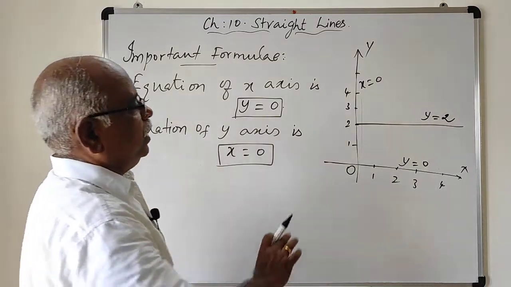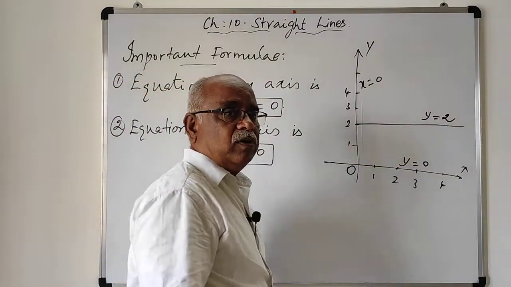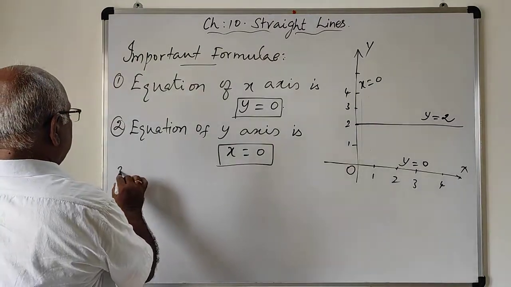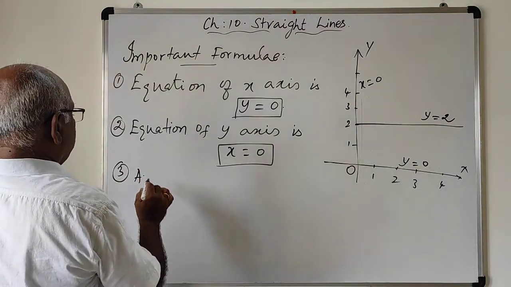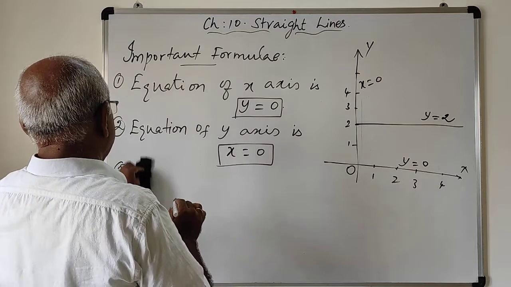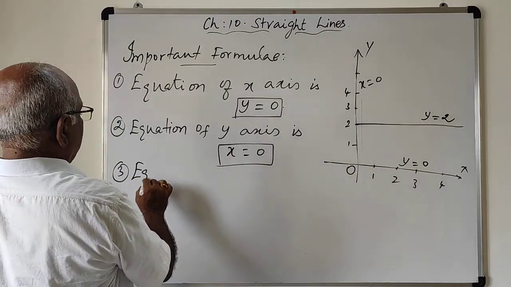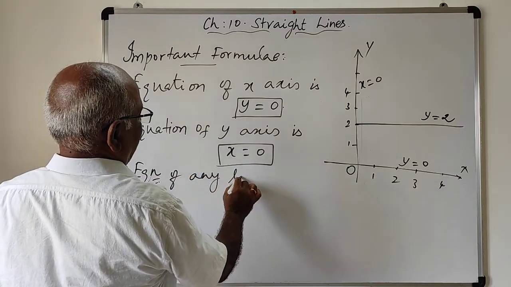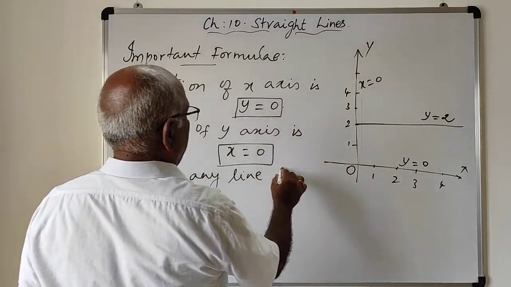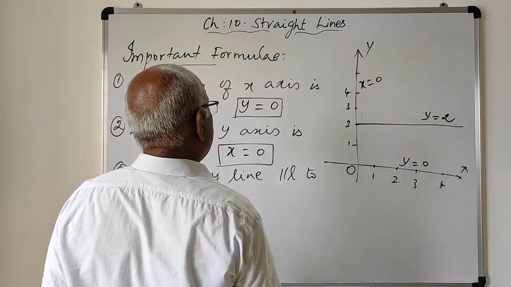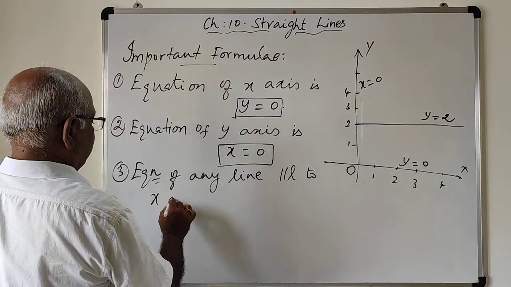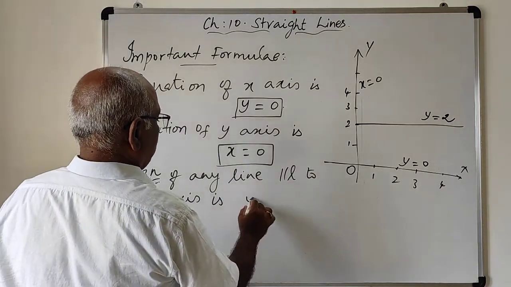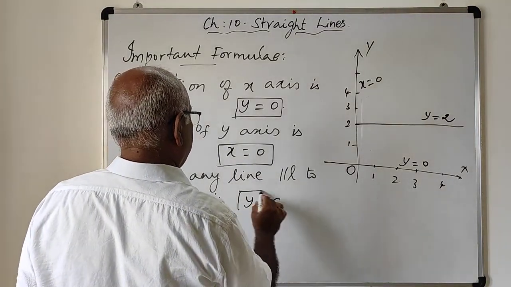So the equation of any line parallel to x-axis is y equal to constant.